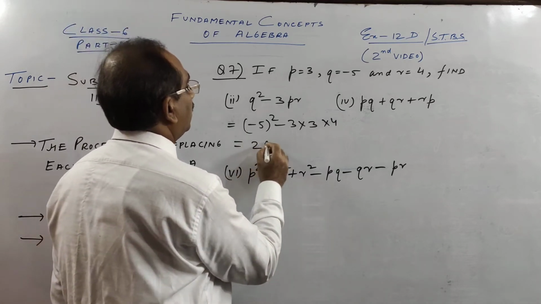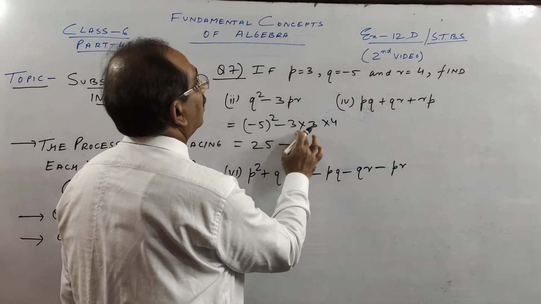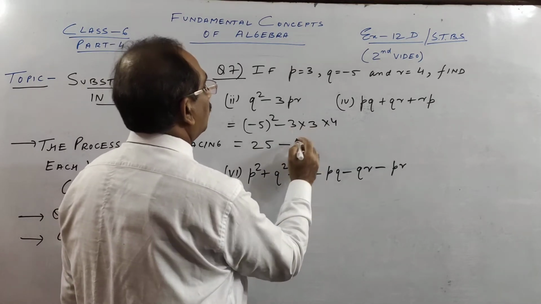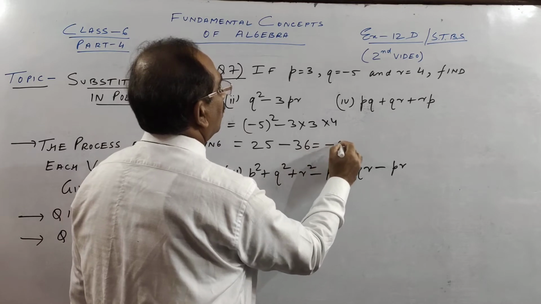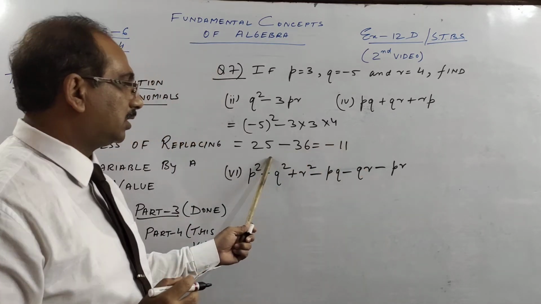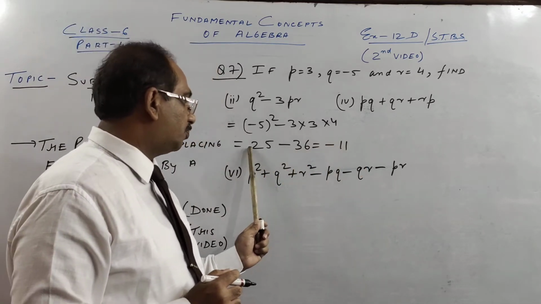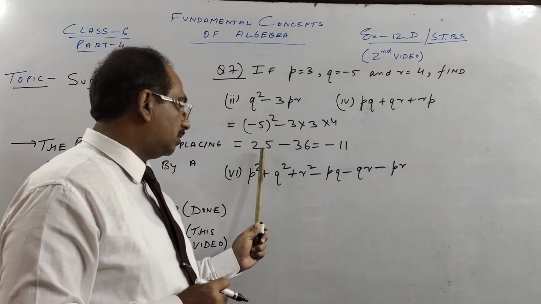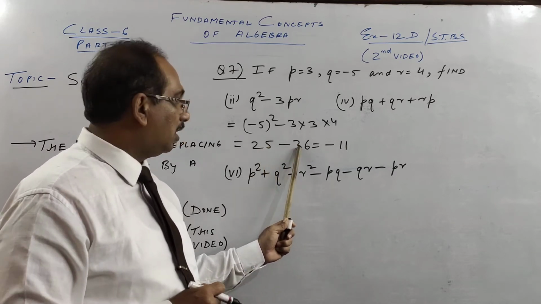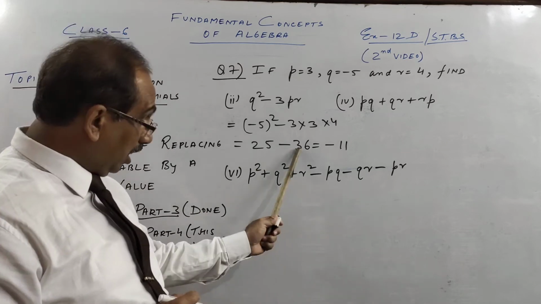This will become 25 minus 3 times 3 is 9, 4 times 9 is 36. Subtraction I have also taught you: when one is plus and one is minus, subtract the smaller from the larger and put the sign of the larger.